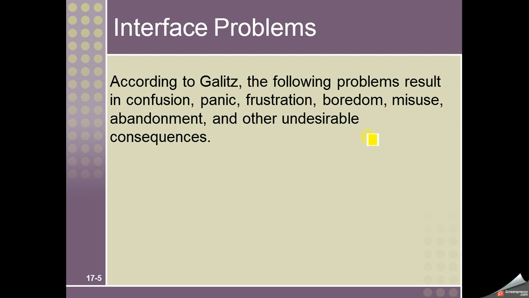Well, there are many common problems in the interface design which result in confusion for the users. The users are confused, they don't know how to use the system. Sometimes they panic, they get frustrated, they get bored. Sometimes they may misuse the system, or they may even abandon the system, or we may have other undesirable consequences if the system has one of these common problems.